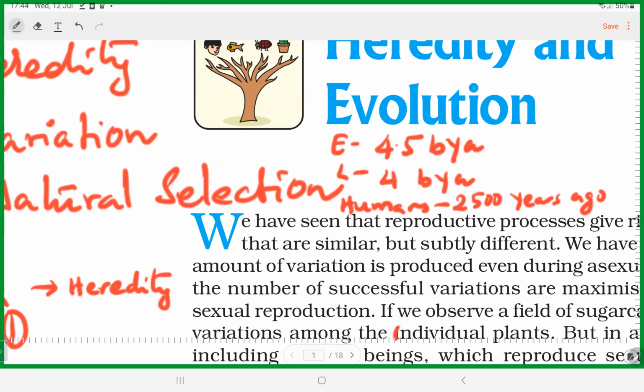Monkeys only evolved a few million years ago, but we evolved just 25,000 years ago, not more than that. Only 25,000 years ago the Homo sapiens evolved, according to history and historical evidence.